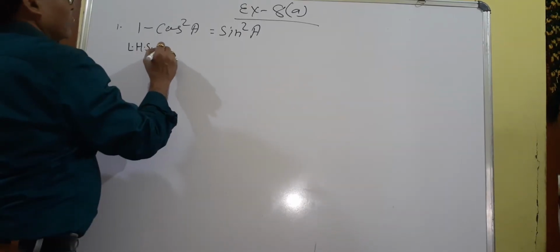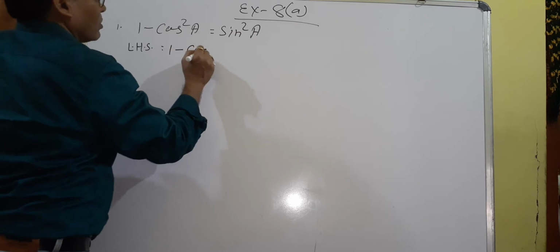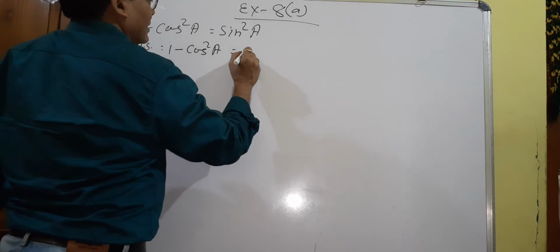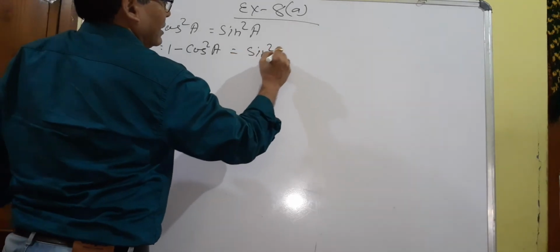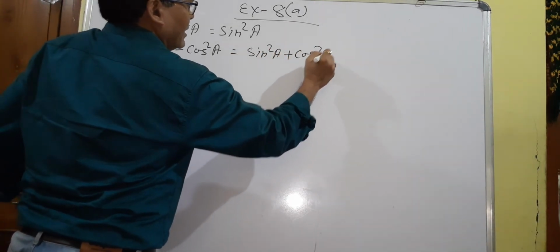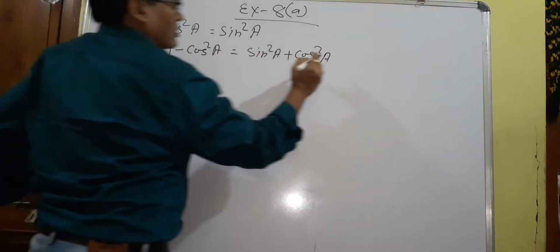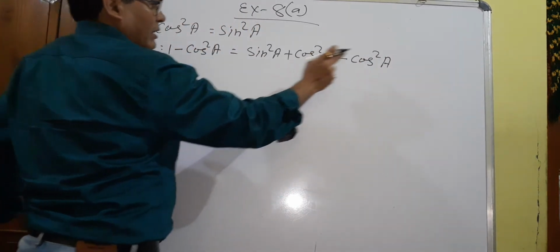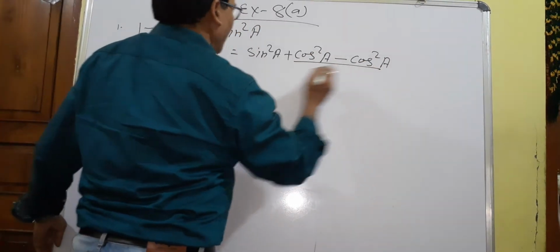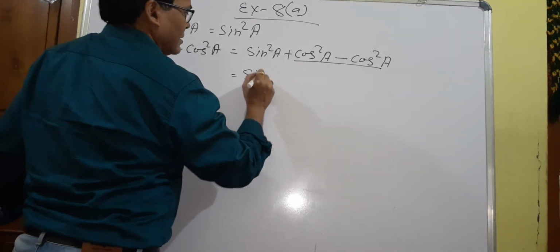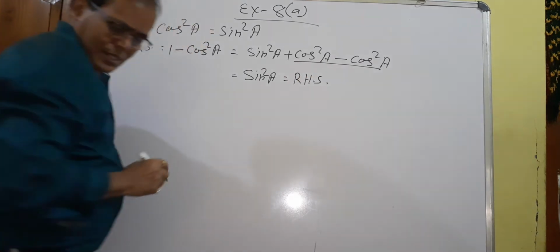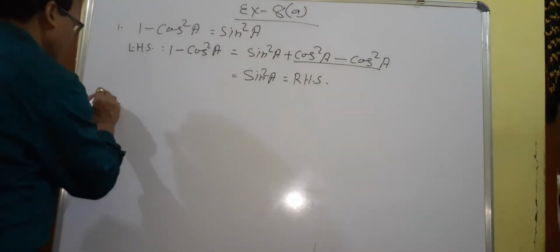And we'll write 1 minus cos square A is equal to, what is the value of 1? You have learned sine square A plus cos square A, for 1 minus cos square A. So plus cos square A minus cos square A cancel and we will get sine square A, which is the right hand side. Good.